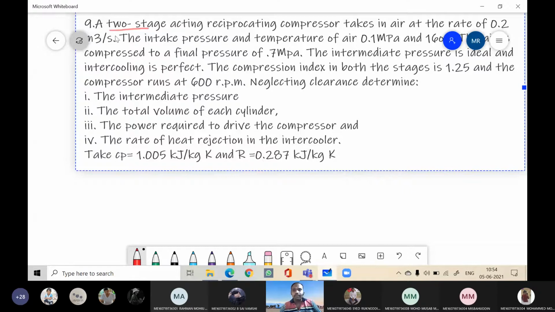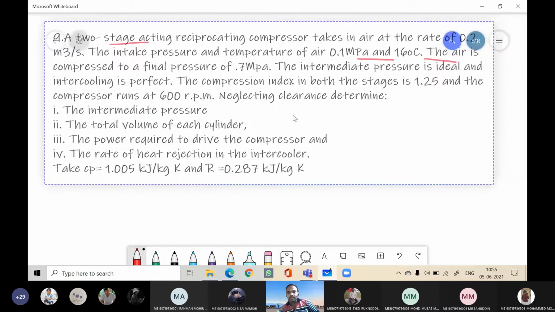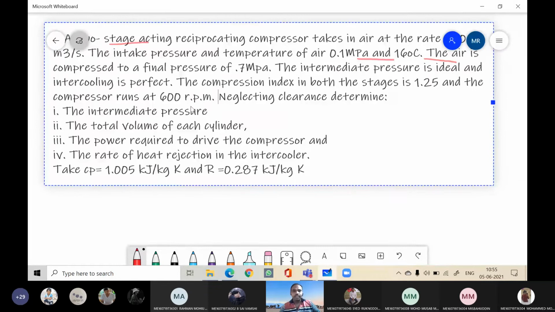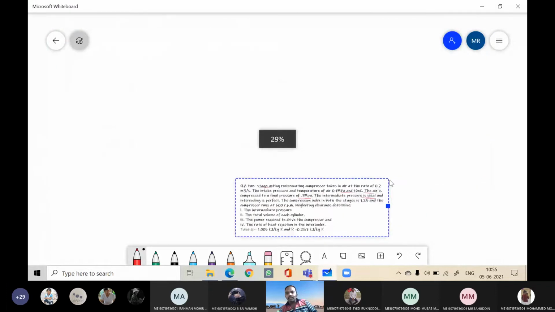The intake pressure is 0.1 megapascal and temperature is 16 degrees centigrade. The air is compressed to a final pressure of 0.7 megapascal. It is two stage, therefore delivery pressure will become P3. The intermediate pressure is ideal, which means the intercooling is perfect.